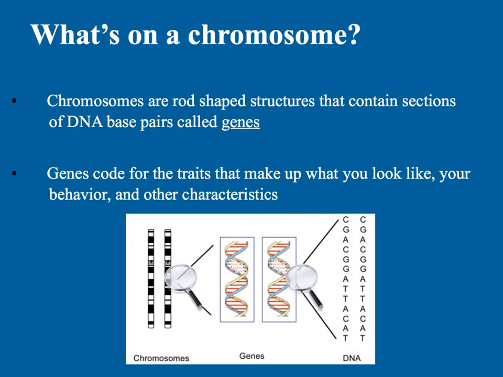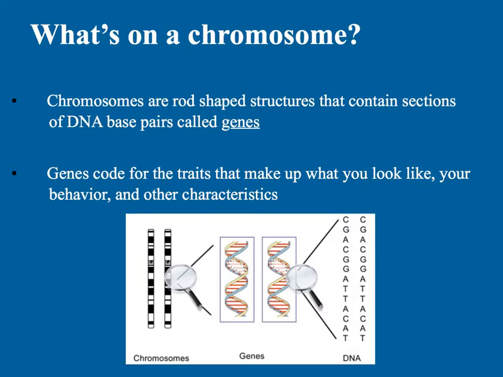So what's on a chromosome? Here's another picture representation of what I was trying to draw a second ago. These bands that you see would be the different genes that are located on that chromosome. And remember, a gene is basically a segment of DNA that codes for a specific trait.